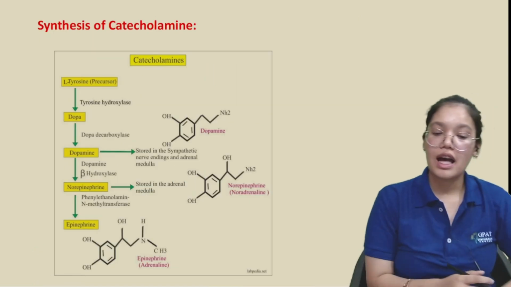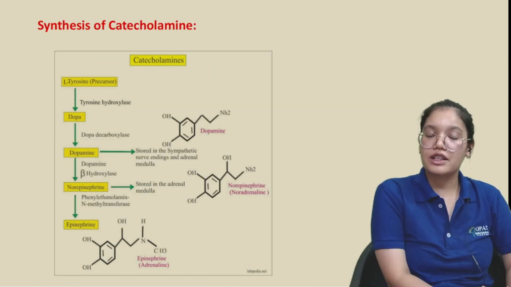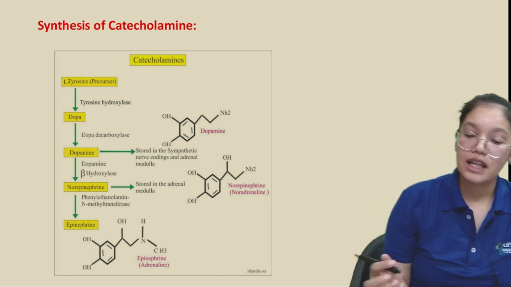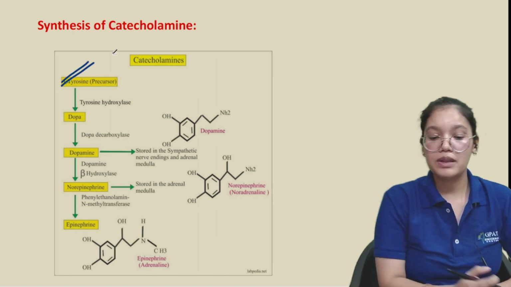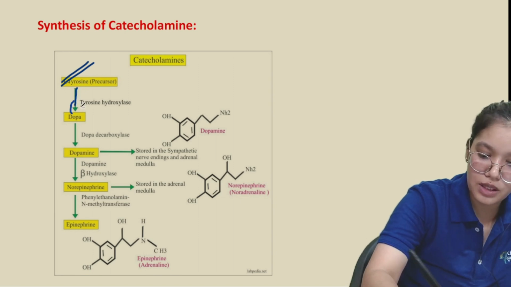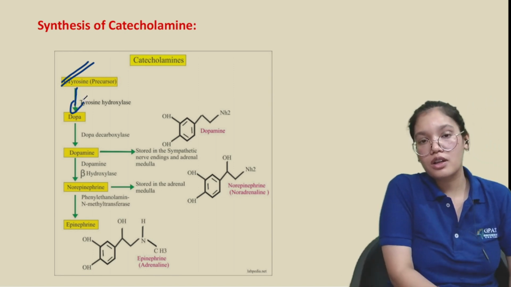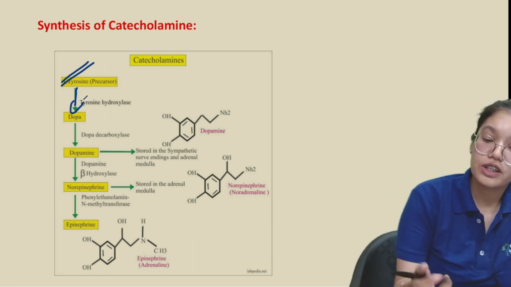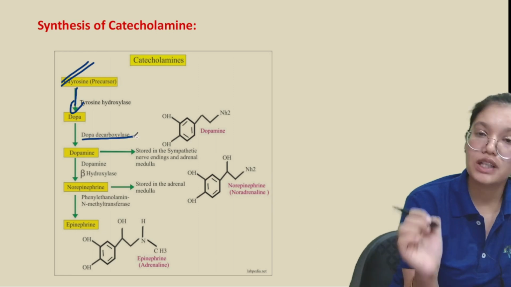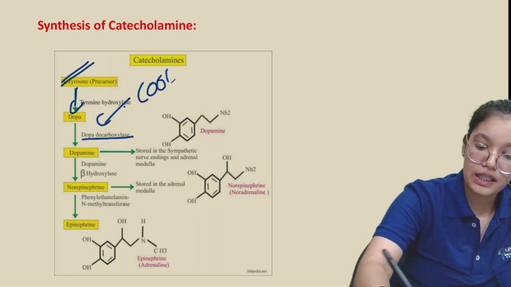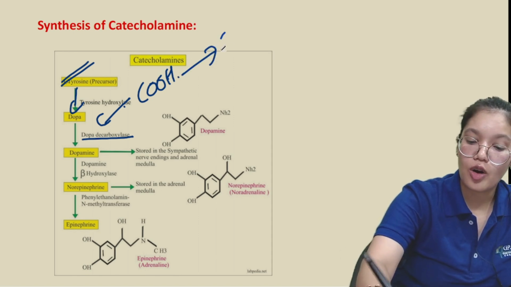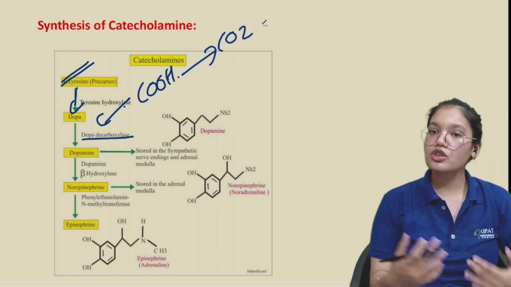Next we have the synthesis of these catecholamines. L-tyrosine is the precursor here for the synthesis of catecholamines. In the presence of an enzyme, tyrosine hydroxylase, it forms DOPA. Now this DOPA, in the presence of an enzyme, DOPA decarboxylase, loses the COOH group in the form of CO2 to form dopamine.